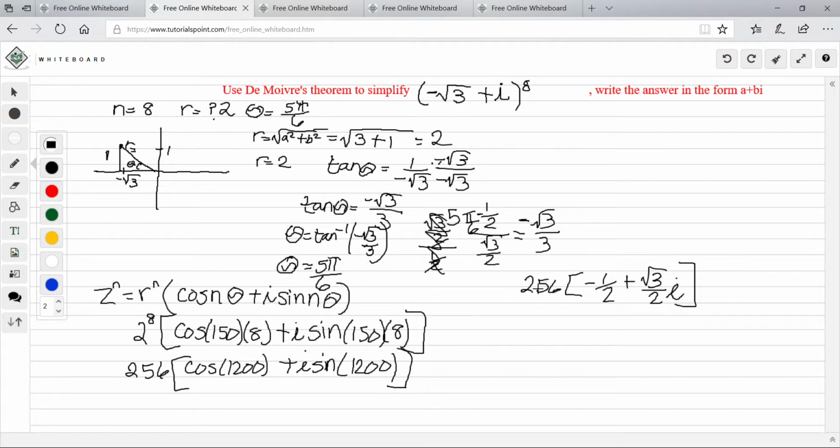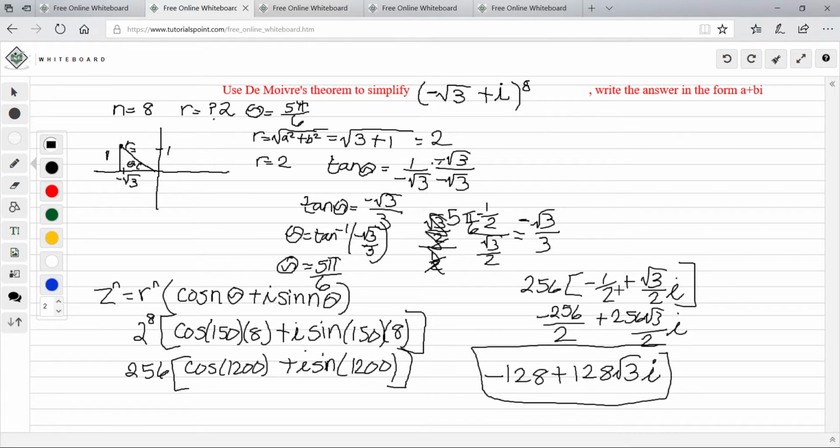That's negative 256 over 2 plus 256 times √3 over 2 i. Cleaning it up, that's negative 128 plus 128√3 i. This is our final answer because it's in a + bi form. That's how you simplify using de Moivre's theorem.